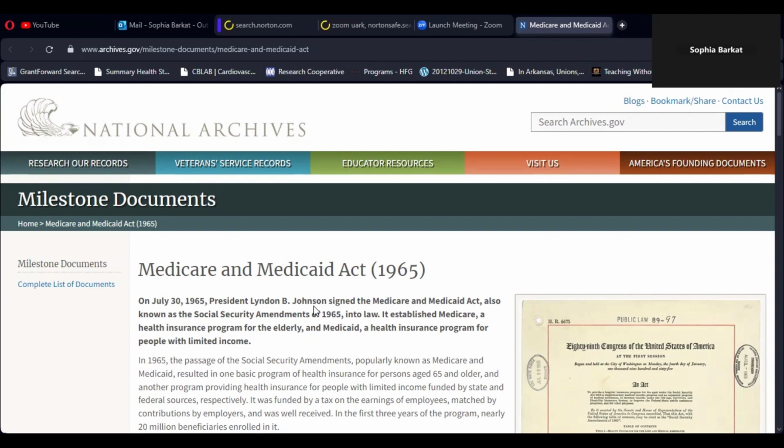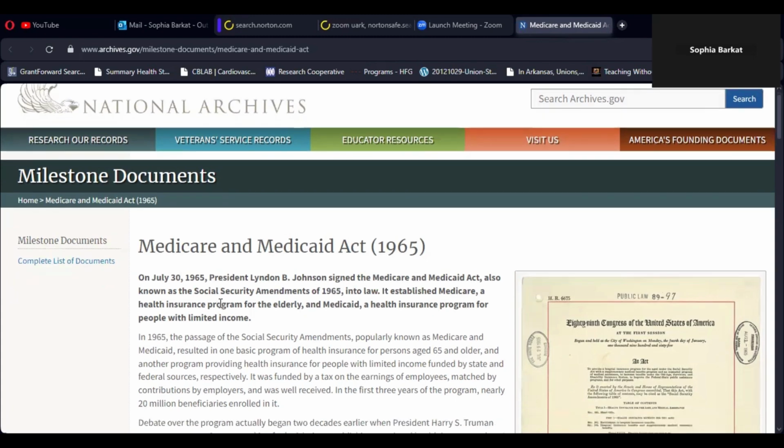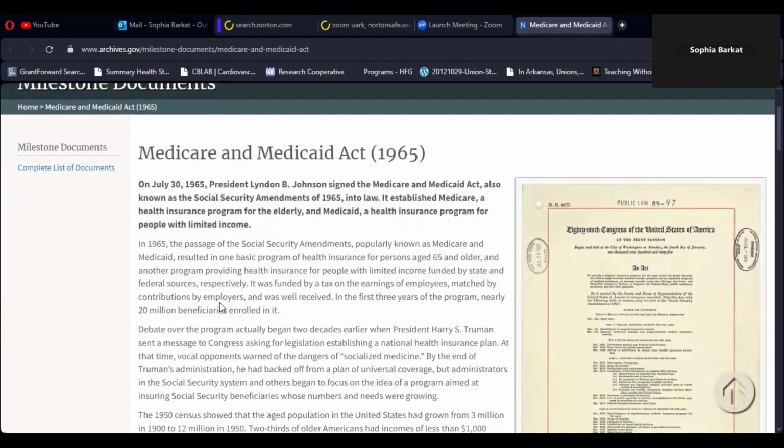All right, so why are we here? We're looking at document 19, the Medicare and Medicaid Act, which is one act. It's implemented in 1965 by Congress, which is at the federal government level, as you know.